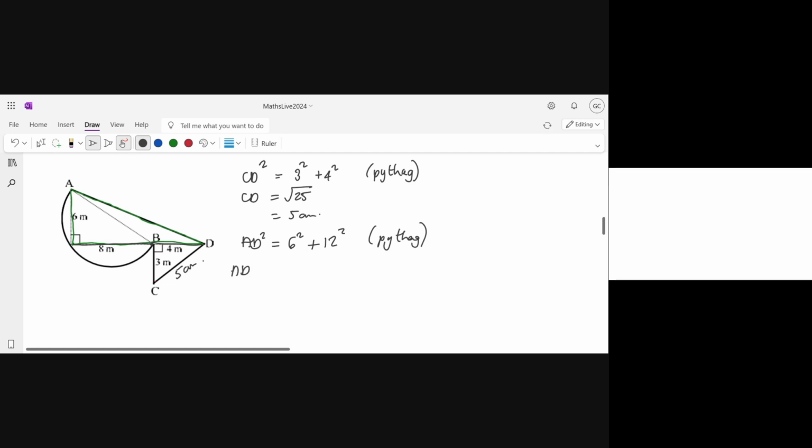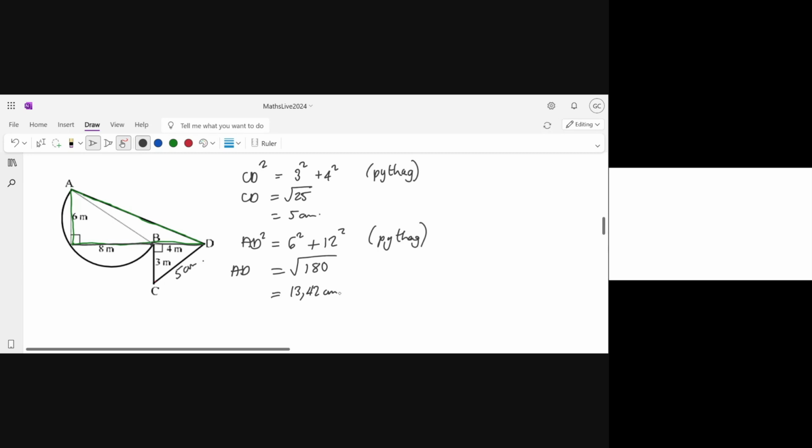AD is equal to the square root of 6 squared plus 12 squared, which is the square root of 180. And that will equal 6 root 5, which is 13,42 centimeters.